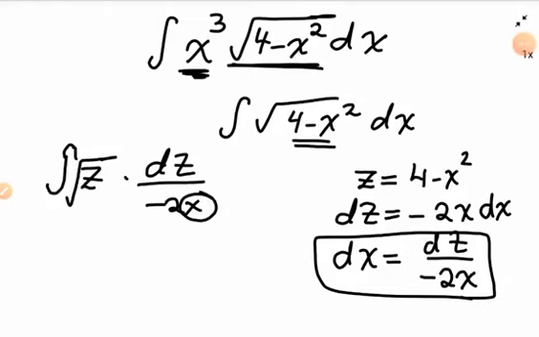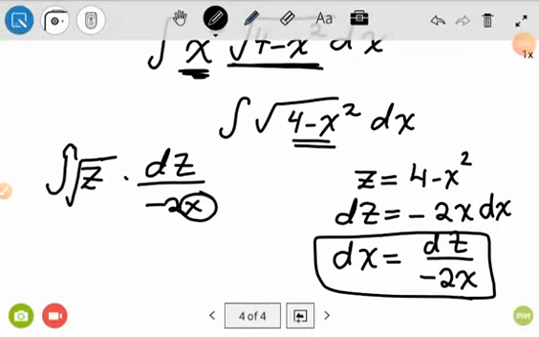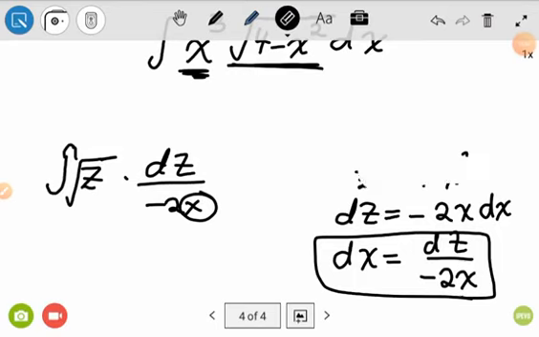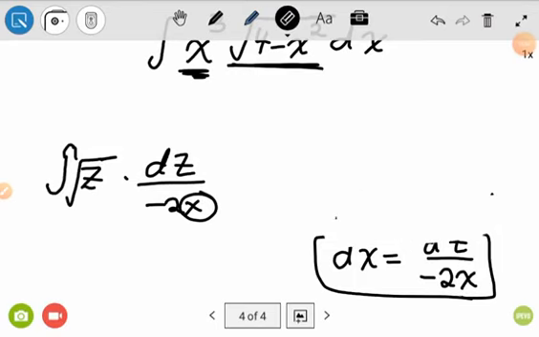Oh, we still have x here, right? So in this case we will not be able to integrate this way if we let dv be only radical 4 minus x squared. So what is the trick in this question?